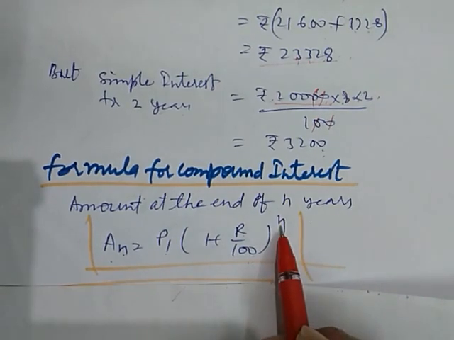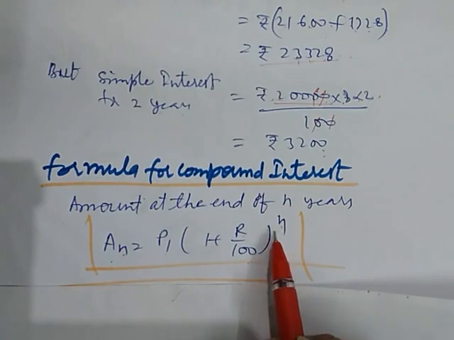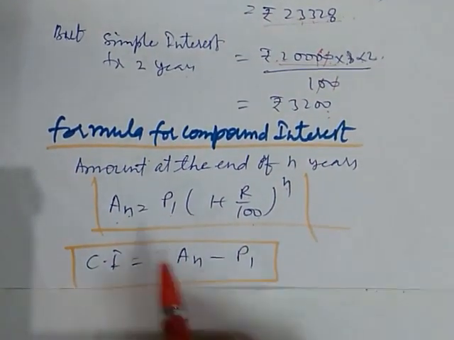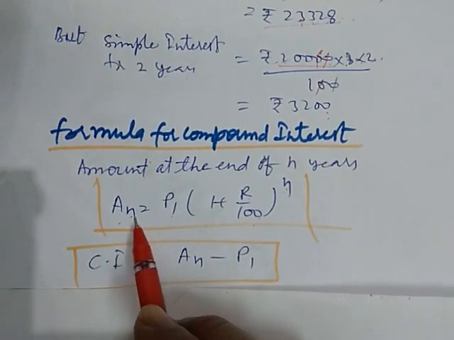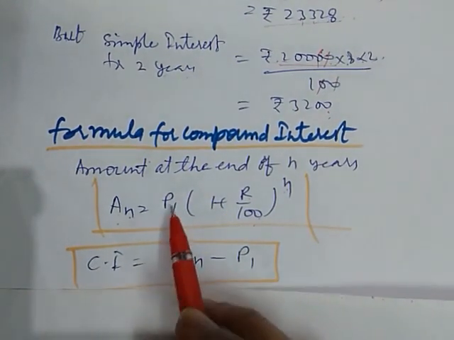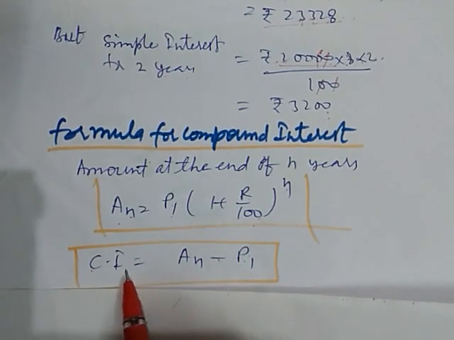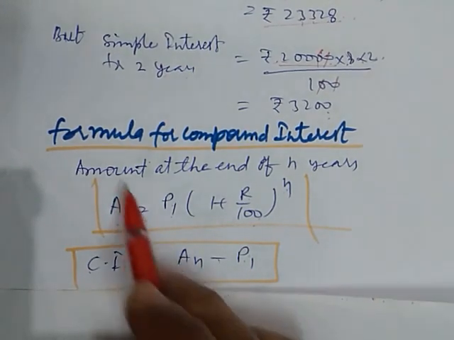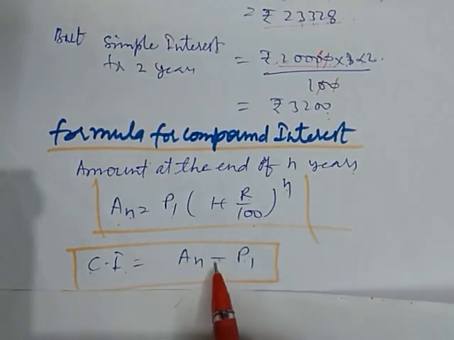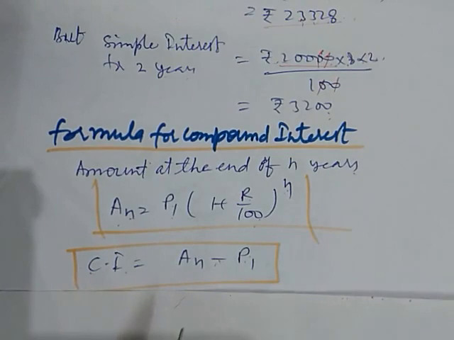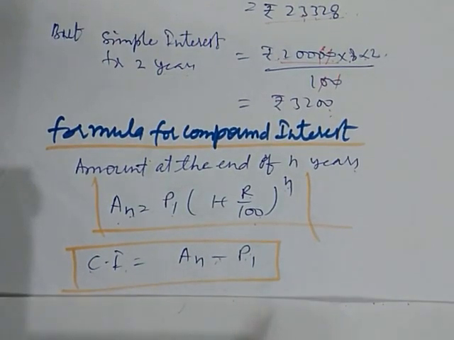N is the number of times interest is compounded, that is, if annually, then the number of years. Now by calculating this AN and subtracting the principal from it, we get the compound interest. The amount at the end of n years minus the principal is the compound interest for n years. Okay, so this way we calculate.